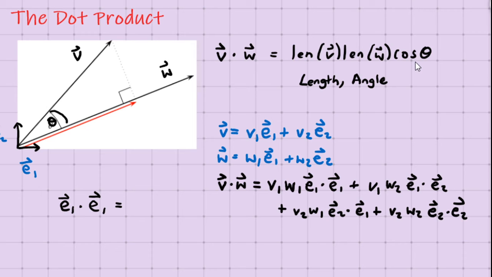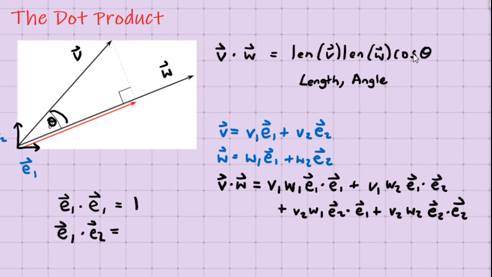The cosine of 0 is 1. So you get 1 times 1 times 1, so that's equal to 1. e1 dotted with e2 is equal to the length of e1 times the length of e2, both of which are 1, times the cosine of the angle between them.